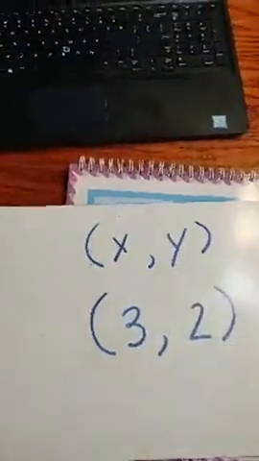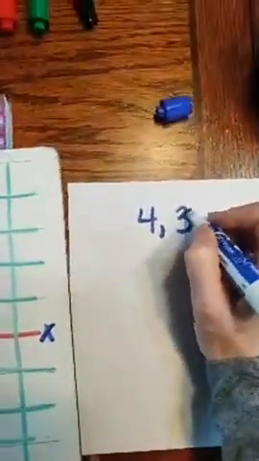Okay, so let's try one of these. I'm going to write it on this paper here so you can see. Let's plot 4, 3. Remember I said we're going to go across first, and we could go either way across.